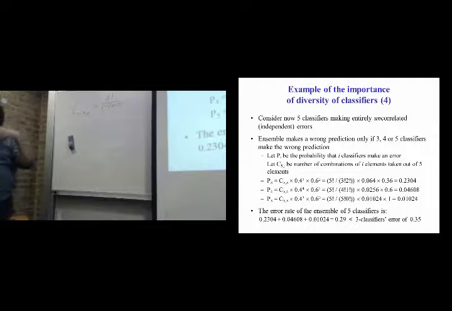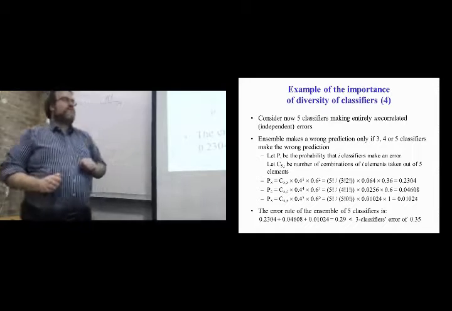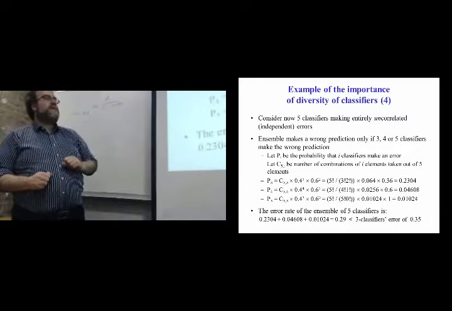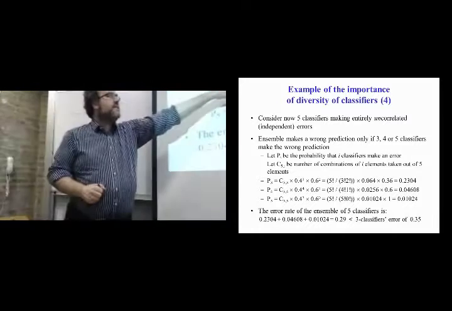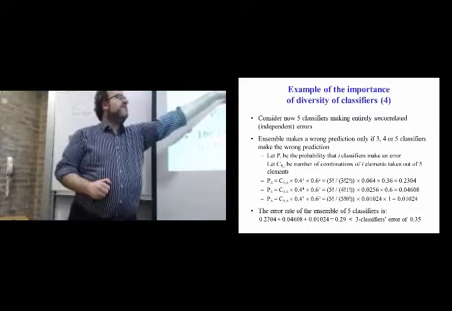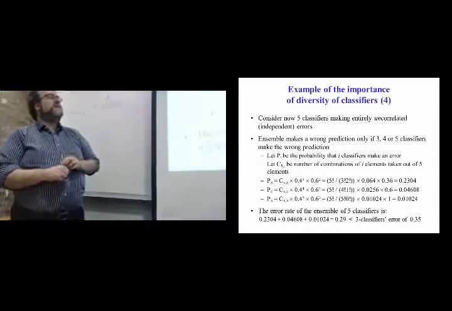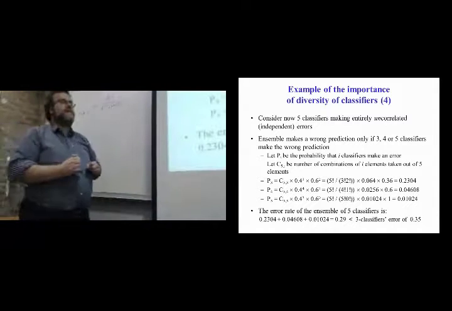And so you can do basically the same calculation we did on the previous slide. We say, what's the probability of 3 of them making an error? Well, there's this count, this number of combinations, the number of different ways of choosing 3 things out of 5. There's that many ways of making those errors.